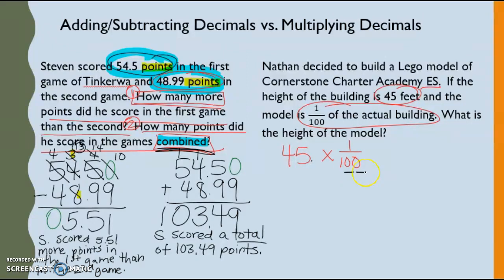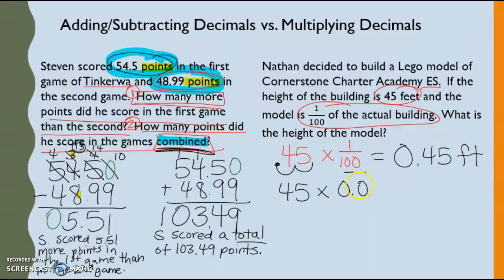There are 2 zeros in the hundredth. So I'm going to move my decimal point twice to the left. And what do I end up with? 0.45 feet. It's the same thing as saying 45 times 1/100th.